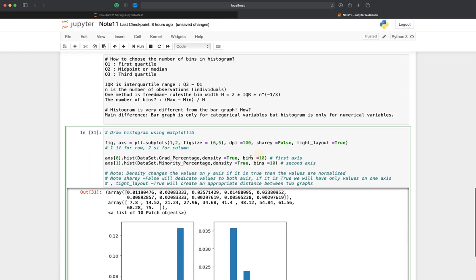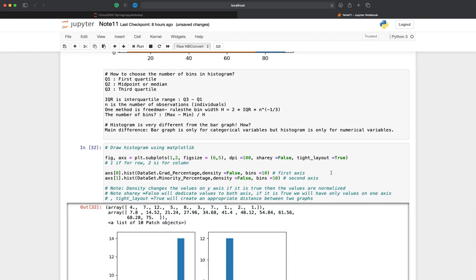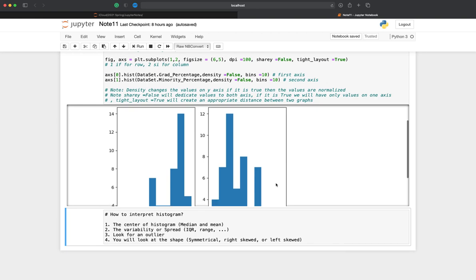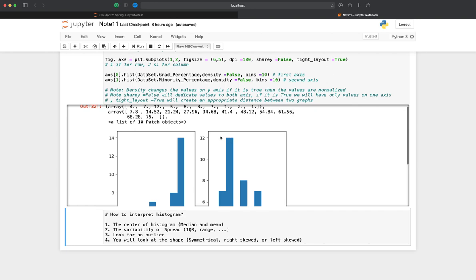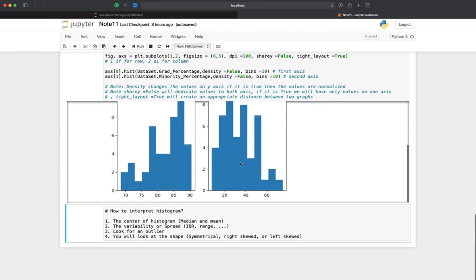Let me change this to false. Percentage is, or frequency is better. Okay, so now it makes more sense. Look, on this side we have more frequency, meaning there are more states with the percent of minority in their state around, say, 10 to 30%, right?